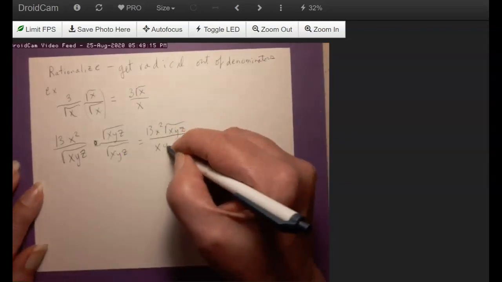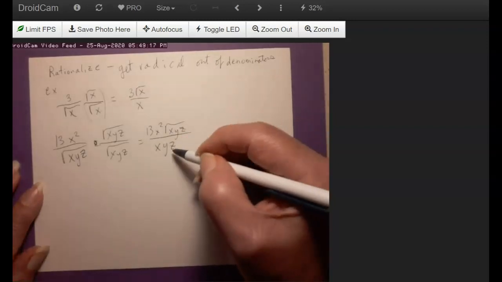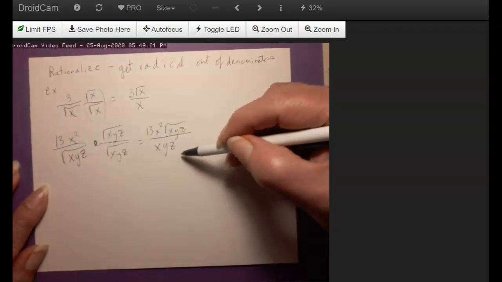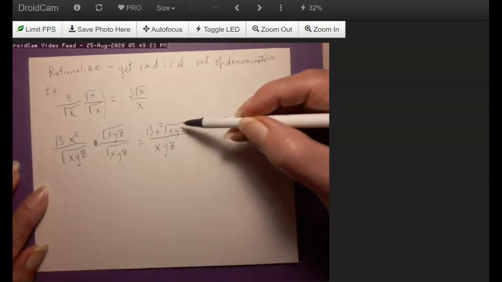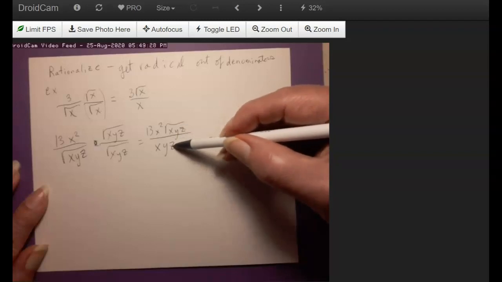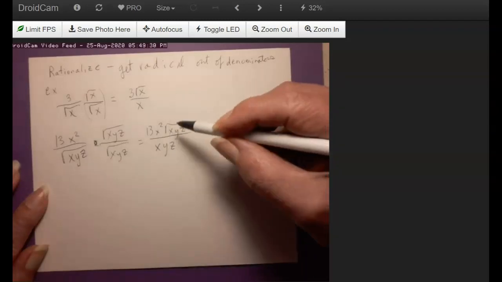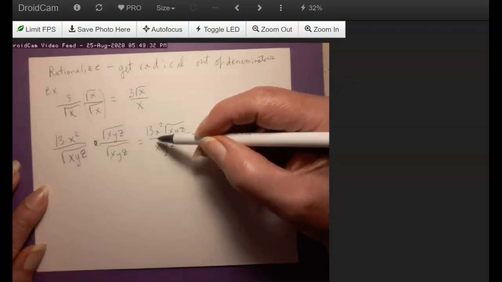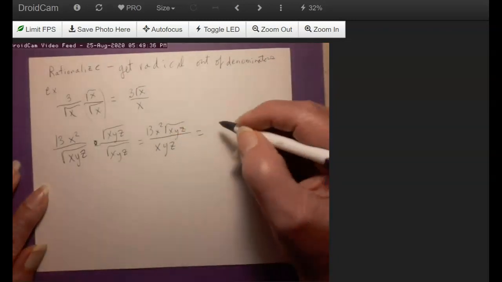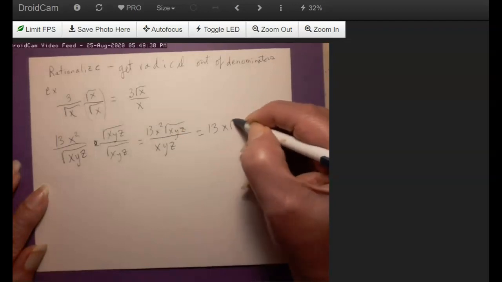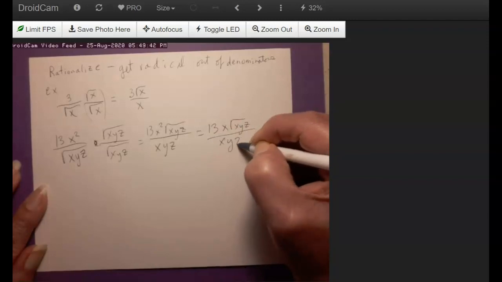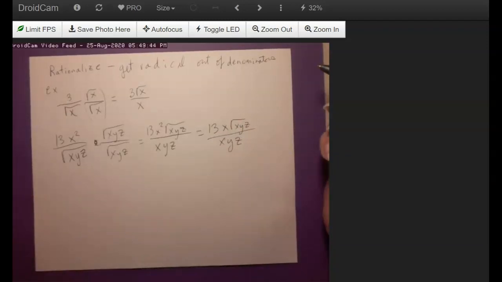They're inverse functions of each other. And it just pops it out, so I end up with x, y, z there. But now I notice if I want to simplify this completely, they share an x. These cannot be simplified. A radical, two things that are not under radicals, cannot be simplified. But I can get rid of one of the x's here. So this would be x squared divided by x is just an x, with x, y, z in the denominator.